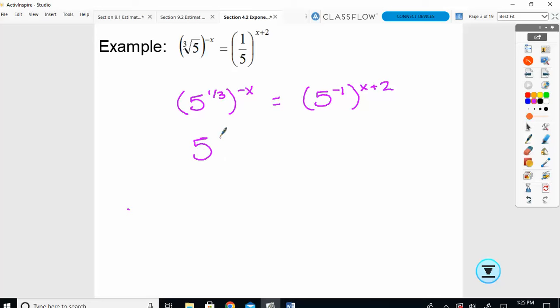Okay, so we did 5 to the negative 1/3 x equals 5. When you multiply these, you have to distribute the negative ones, so negative x minus 2. So if we set those equal, set our exponents equal.